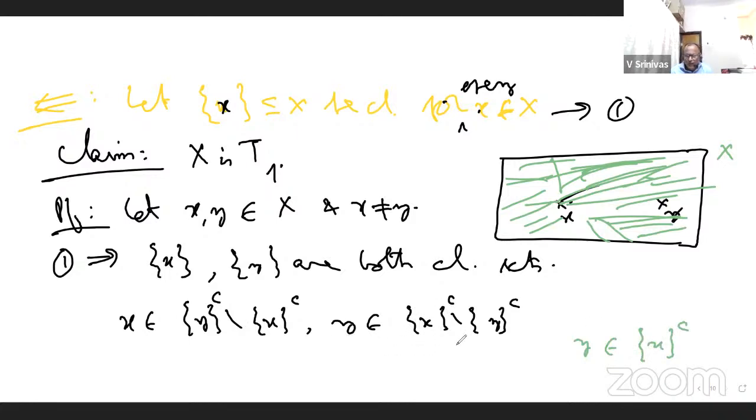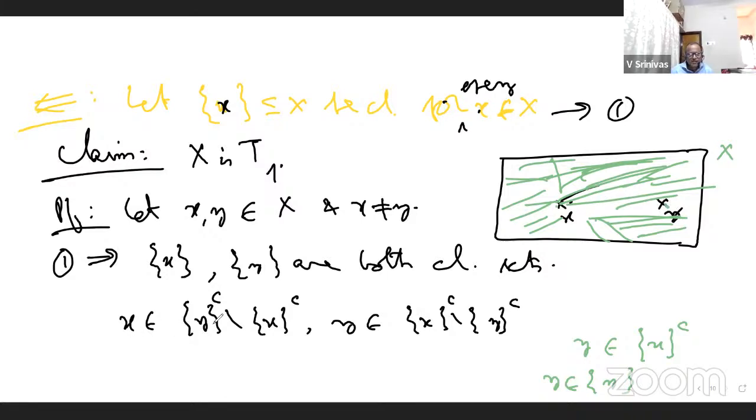Y belongs to singleton y, so y is not in singleton y complement. Y does not belong to its complement. So you can club these two and write this. Similarly, x is in singleton y complement. This is x, away from this small y, which means it is in the complement of singleton y.